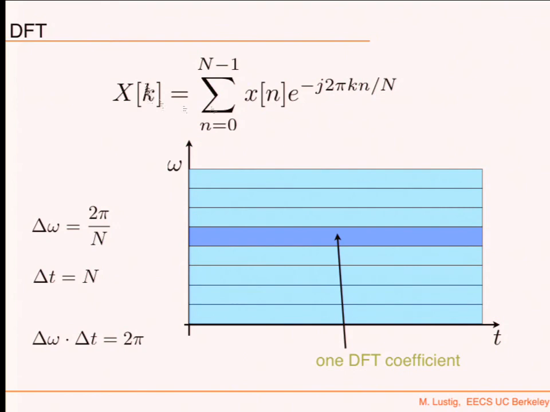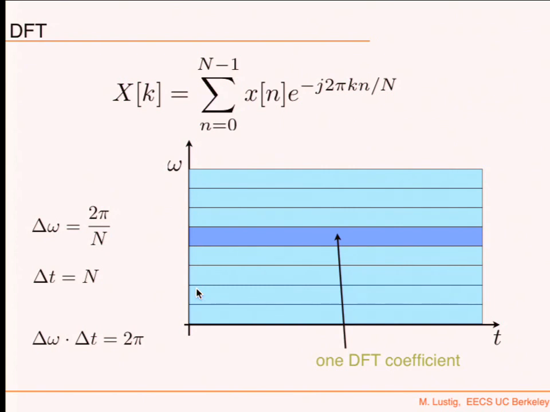Same thing. So the DFT has coefficients, right? I have x of n and I transform to capital X of k. So if you think about this, if this goes from 0 to pi, or in fact from minus pi to pi, I have a range of 2 pi frequencies. For this range of 2 pi frequencies, I have n samples.